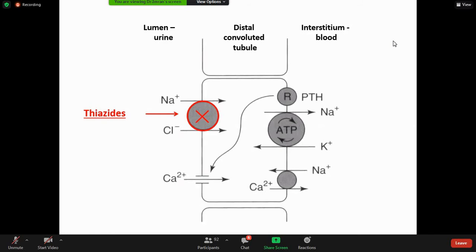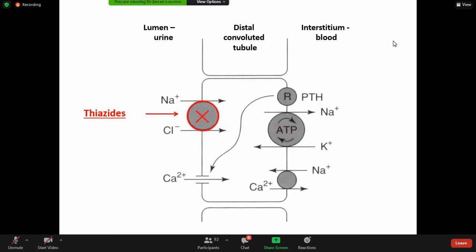This is very interesting: normally, some salts are reabsorbed again. And when there is reabsorption of a solute like sodium, it catches water. So water will also move from the lumen into the blood, and it will increase the blood volume.